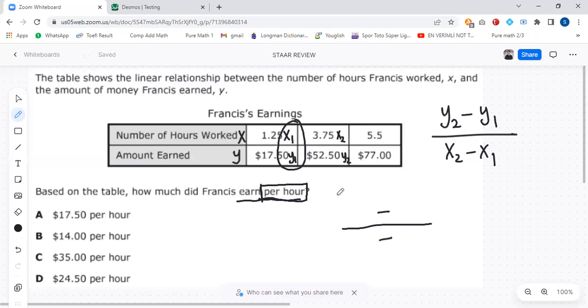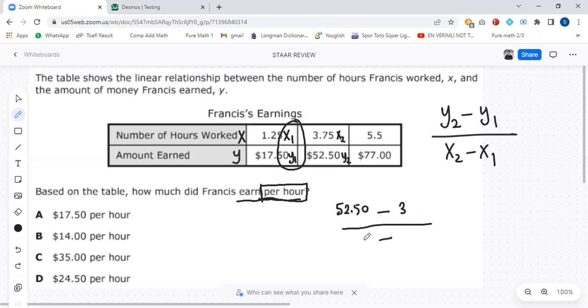So y2 is 52.50, and then y1 is 3.75, and then x2 is, okay, so we made a mistake here. That's a common mistake, and let's not do that, okay?